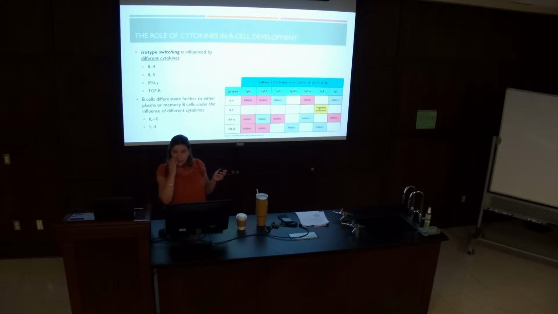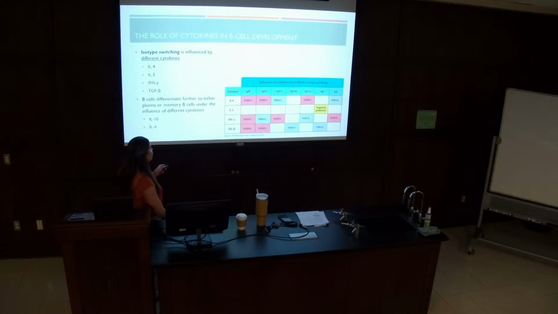We talked about cytokines last lecture as being messages for the cells. These are chemical signals that tell immune cells you need to come and attack, or there's inflammation here. Different cytokines are associated with different immune responses, so it's important to recognize that different cytokines will either inhibit or induce different isotypes. We call this isotype switching.